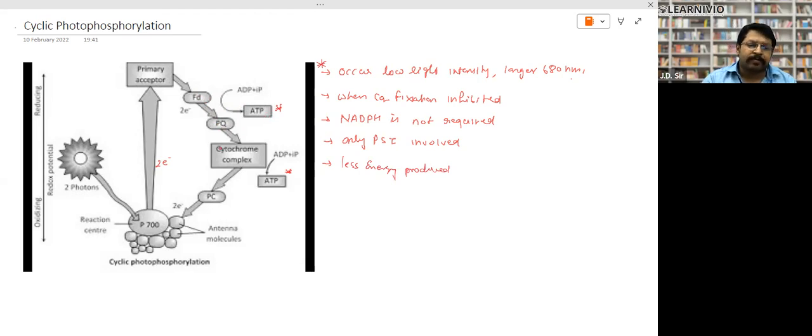From plastoquinone it comes to cytochrome b6f, where formation of ATP takes place. From cytochrome b6f it comes to plastocyanin, and again to P700. So this is cyclic photophosphorylation, where ATP is produced, but less. Clear, guys?